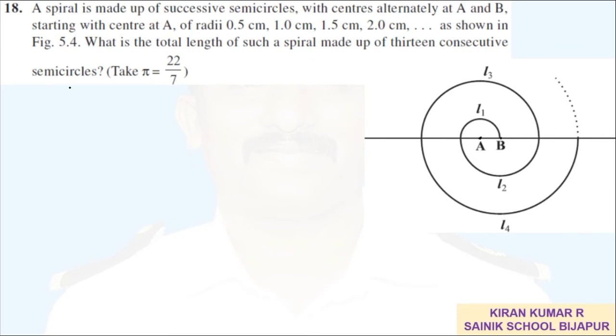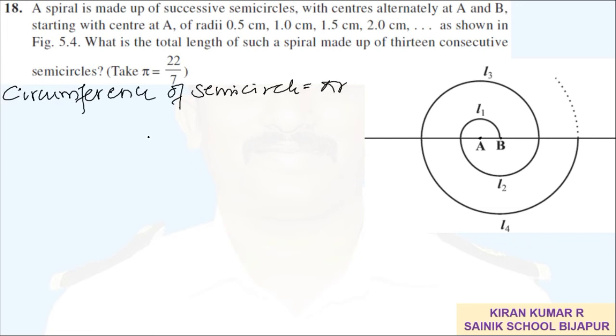We all have learned in our lower classes that the circumference of a semicircle is given by half of 2 pi r, which is pi r. The length of the spiral is the same as the circumference here. They have given the radii of each semicircle.